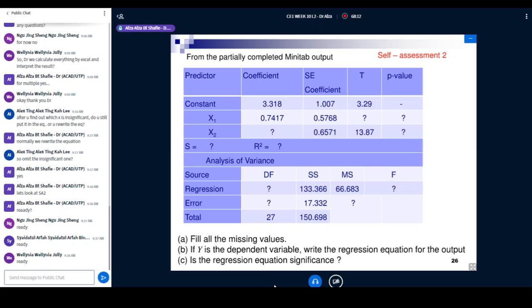We can discuss how we answer A, B, and C.